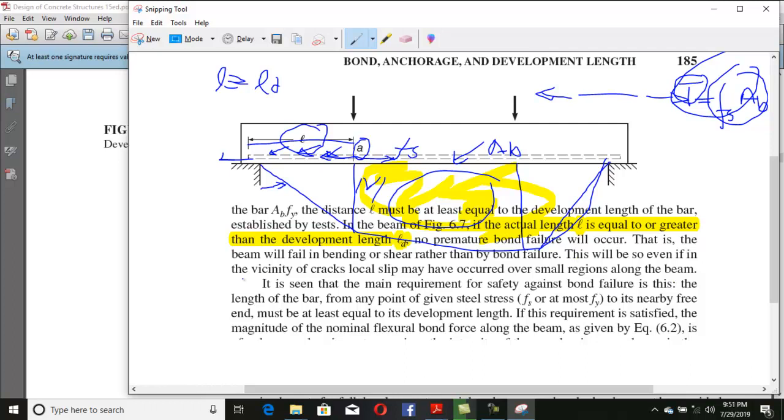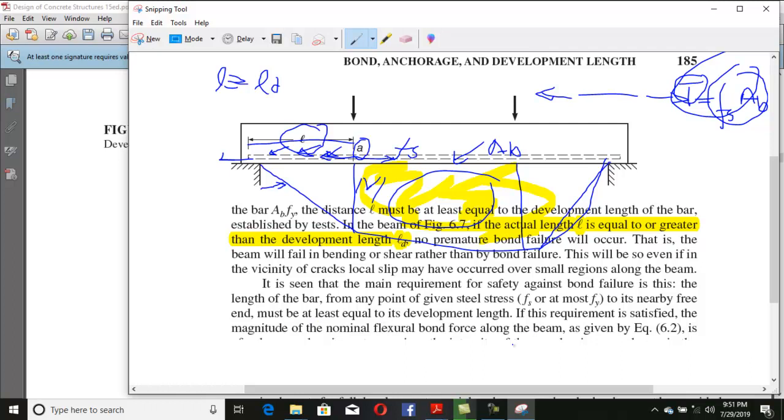This will be so even if, in the vicinity of cracks, local slip may have occurred over a small region along the beam. It is seen that the main requirement for safety against bond failure is this: the length of the bar from any point of given steel stress Fs, or at most Fy, to its nearby free end must be at least equal to its development length.